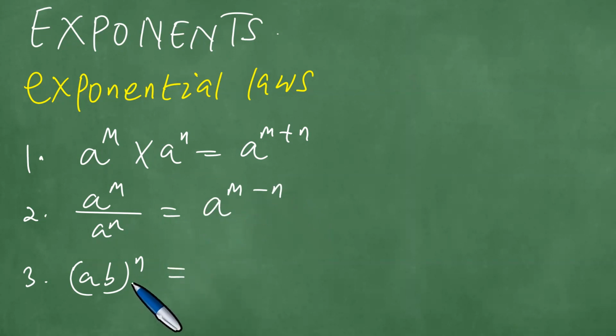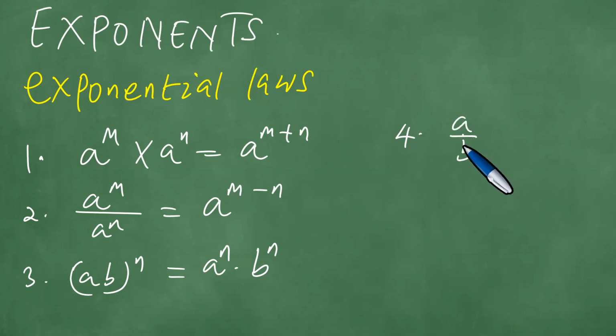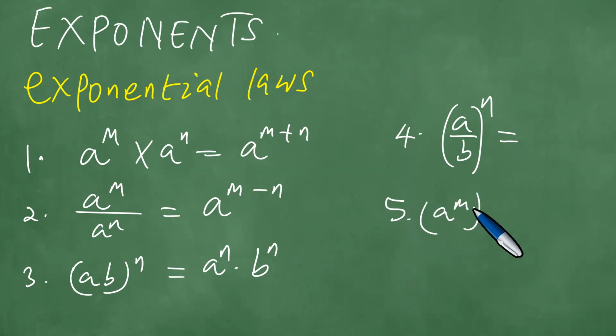Number 3, what do you get here? a^(mn). Right, number 4. If you have a over b to the nth power, what's the answer? a^n over b^n.